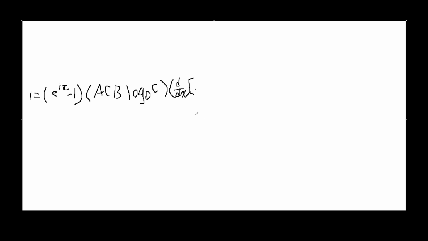It doesn't do anything. Because look, I can just say 1 equals e to the i pi minus 1, times a c b log d of c, times the derivative of, I don't know, a x to the b plus c x to the b plus b x, plus, shoot, okay, you know what?